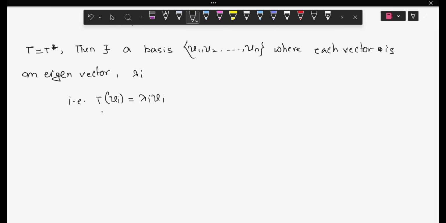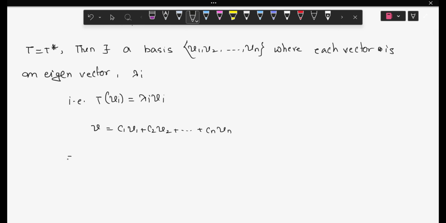Now, the thing which is given to us: let v be an arbitrary vector, then v can be written as c1 v1 plus c2 v2 up to cn vn.